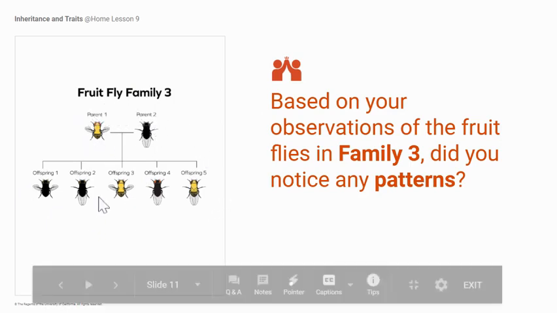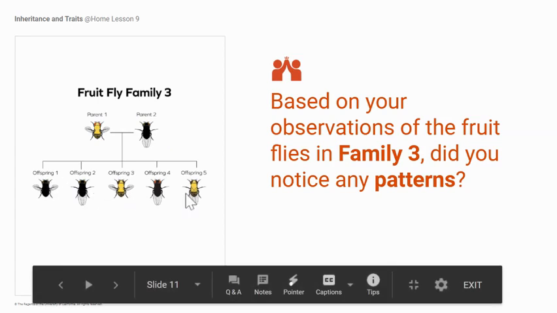So what is the relationship between these offspring and these parents up here? What do I see? Take a look at things like the wings. I want to look at the eyes, how they relate. I want to look at the body color, and things like that, just to see how they relate.